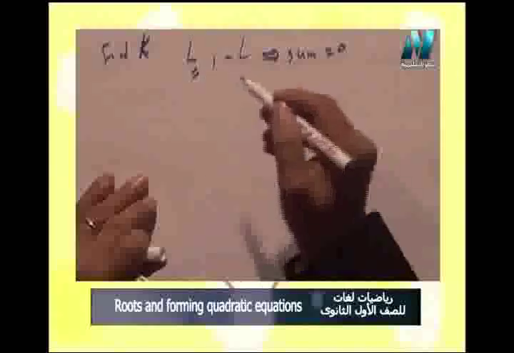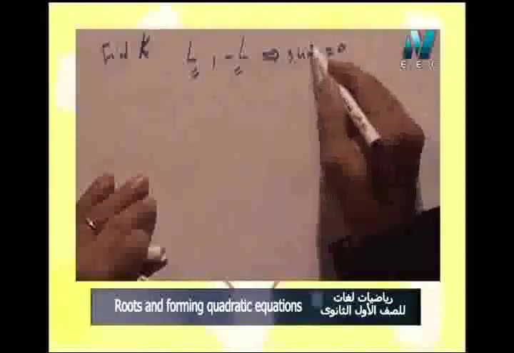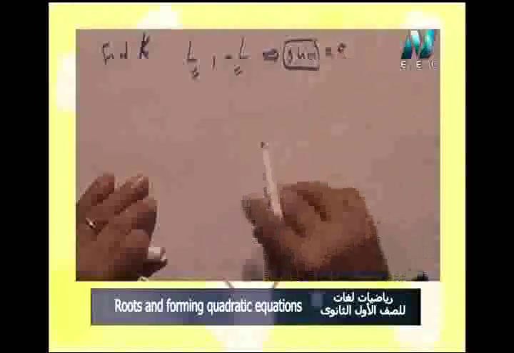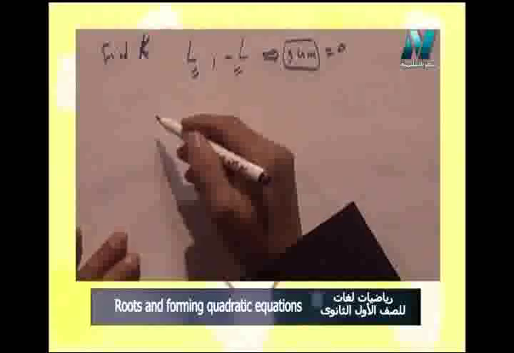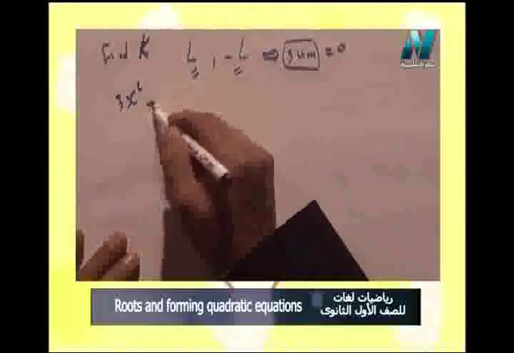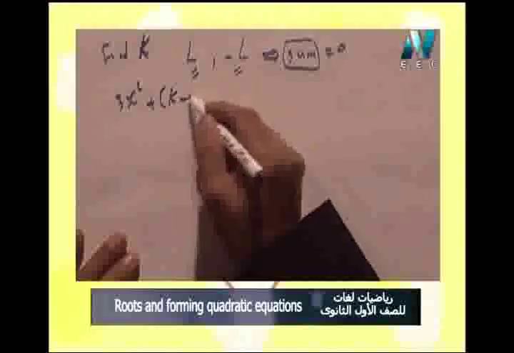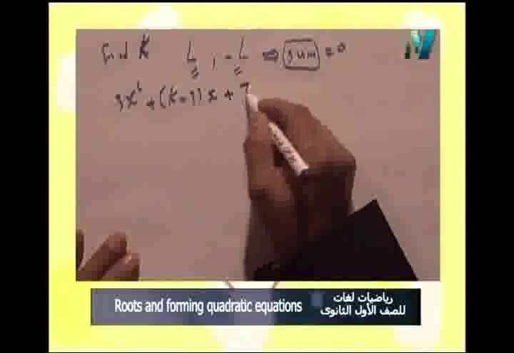So if we have two roots, one of them is the additive inverse of the other, then their sum will be 0. Okay? We have the quadratic equation, which is 3x power 2 plus k minus 3 multiplied by x plus 7 equals 0.